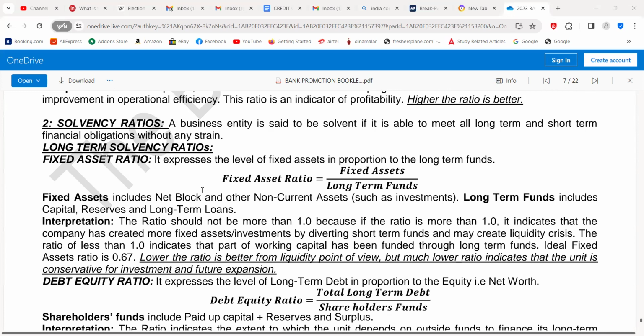The lower the ratio, the better from a liquidity point of view, because you have not only short-term funds but also long-term funds available for making payment in a present-day crisis. The ideal ratio, they say, is 0.67.